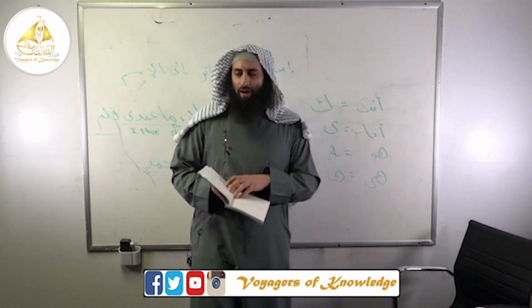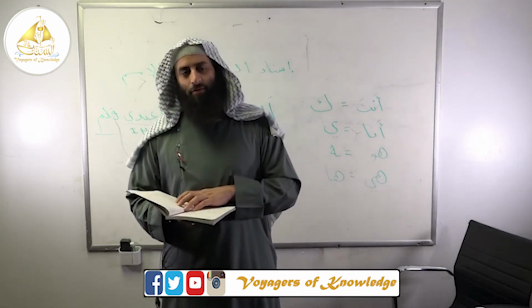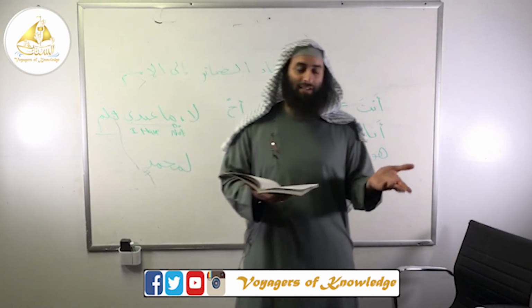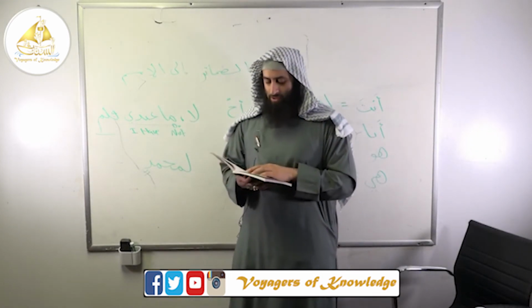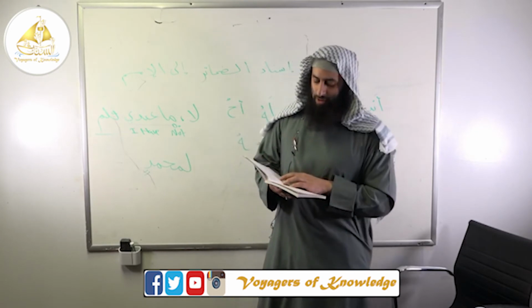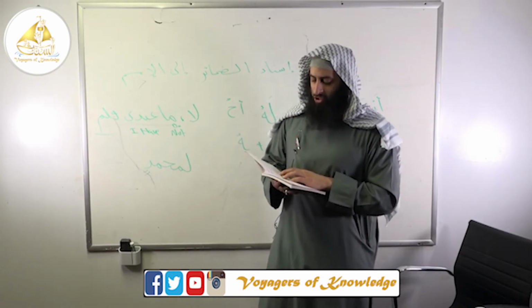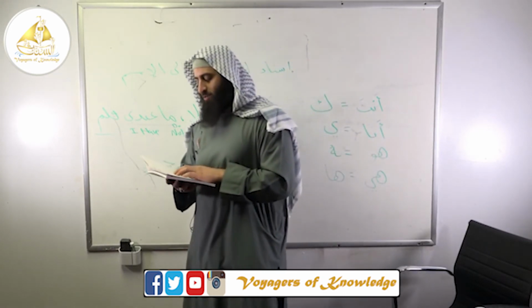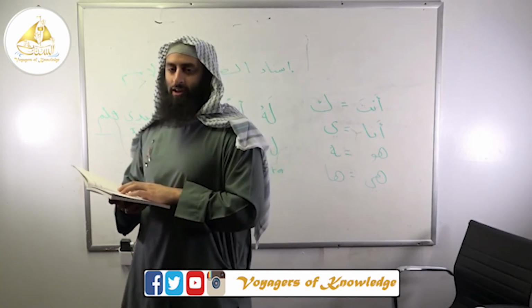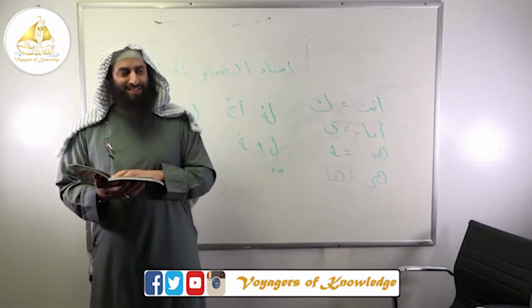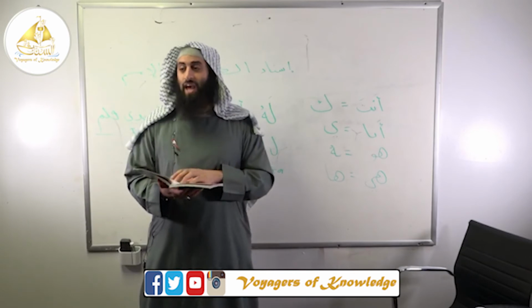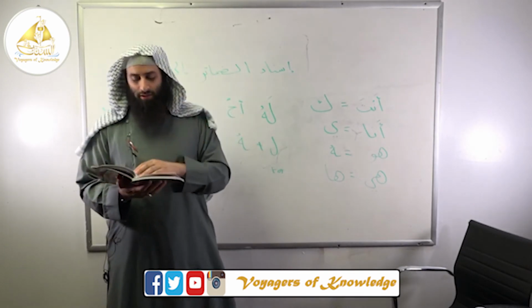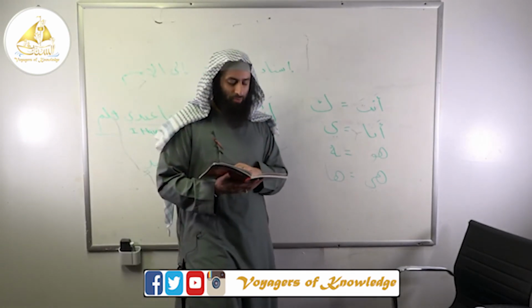ذهب الطبيب مع المهندس. Right? We wouldn't say al-muhandisin because it has alif and lam. So, ذهب الطبيب مع المهندس. The doctor went with the engineer. جلس المدرس مع المدير. The teacher sat with the principal.